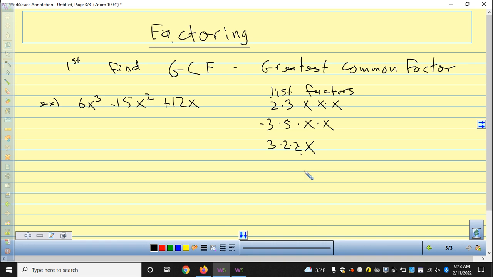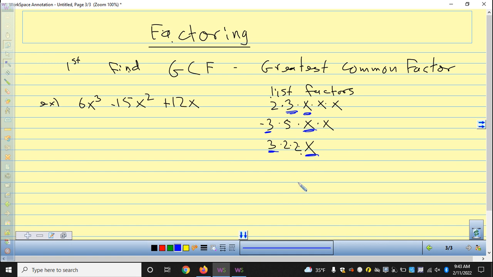And now we figure out what pieces all of these have. Well, here I have a 3 and an x. Here I have a 3 and an x. And here I have a 3 and an x.